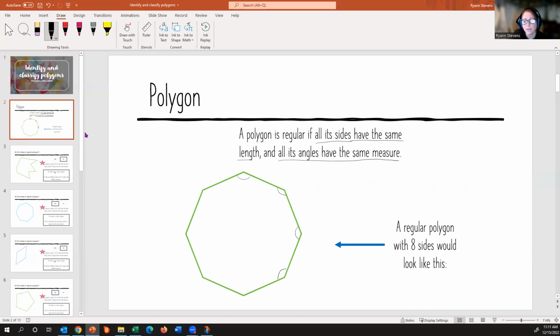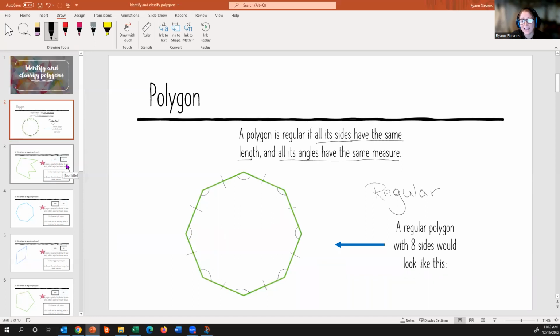They all look to be about the same, even though there are no measurements. And the sides are all similar in length as well. Since all of the sides have the same length and all of its angles have the same measure, we would say that this is a regular polygon.